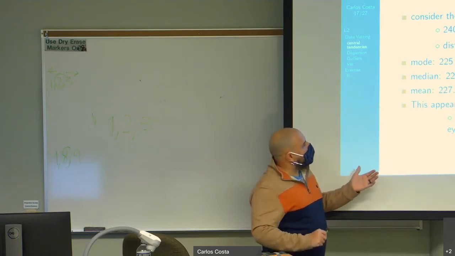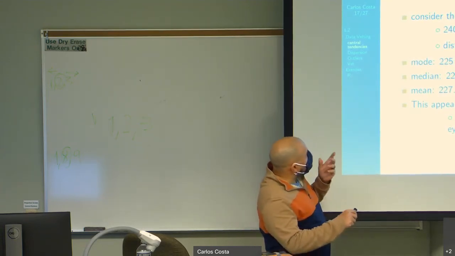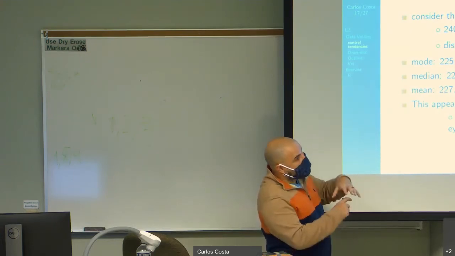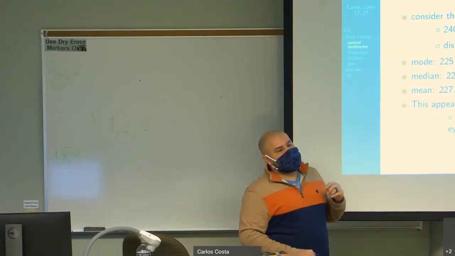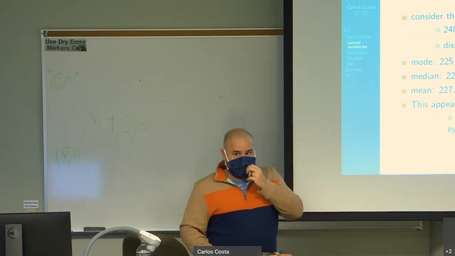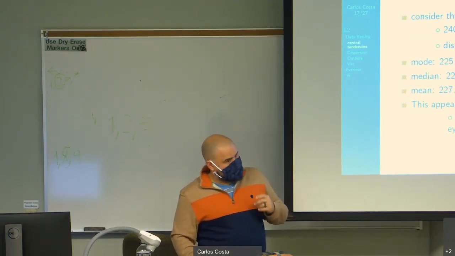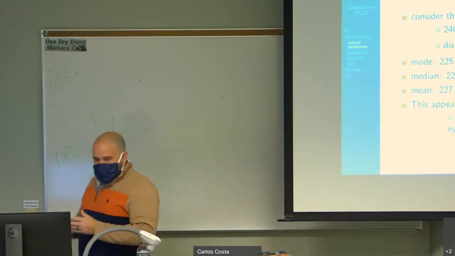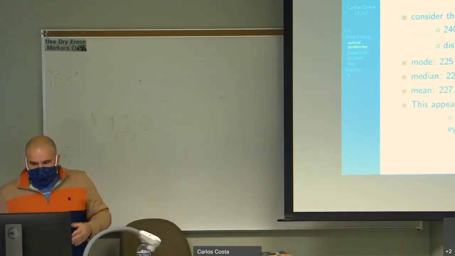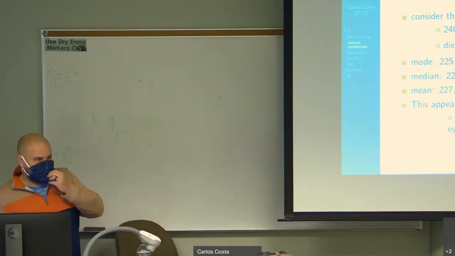The mean is 227. That's your guiding force. It's the most powerful one. And then we have these 2 numbers that themselves have collapsed into 1 and are really, really close to 227. Yeah? Okay. So, again, no rule of thumb, but just a little common sense will get you there.